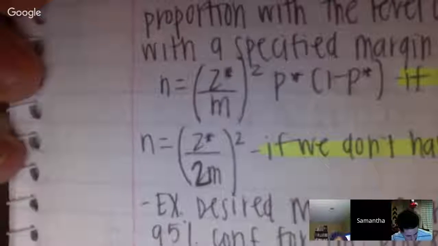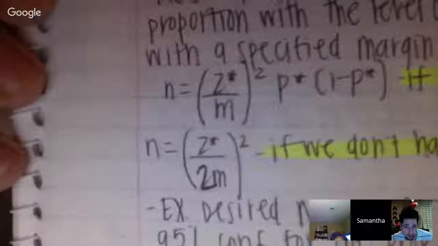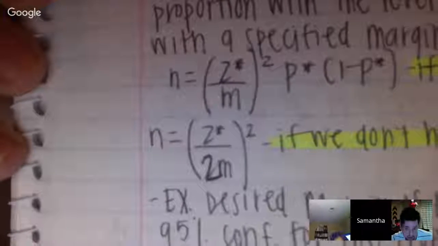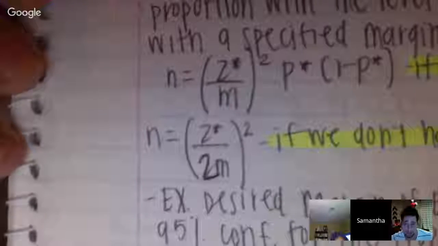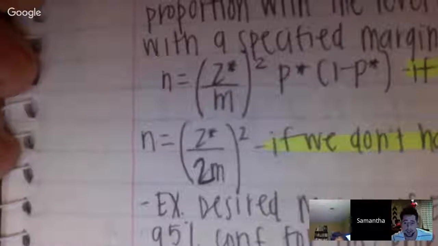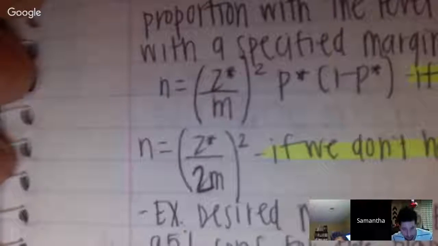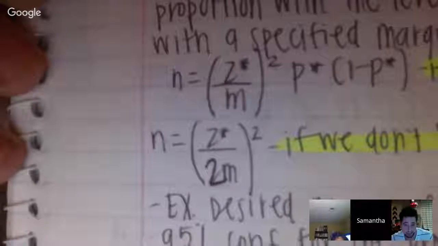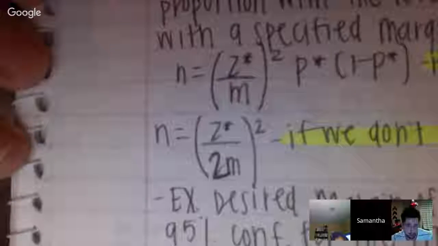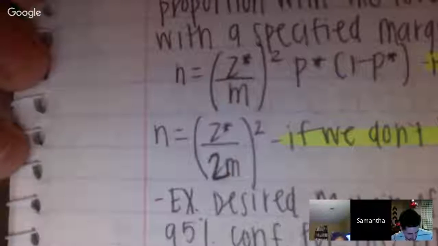N equals Z star over 2 to the second power, then P star times 1 minus P star. And then the other one is N equals Z star over 2M to the second power.